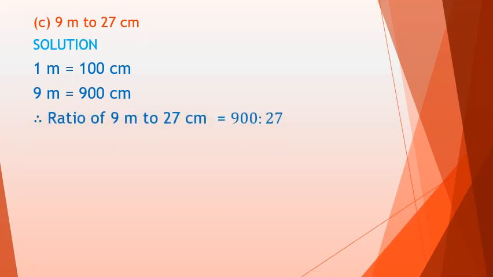Now the ratio of 9 meter to 27 centimeter equals 900 is to 27, which gives 900 upon 27. After cancelling, we get 100 upon 3. So the ratio is 100 is to 3.